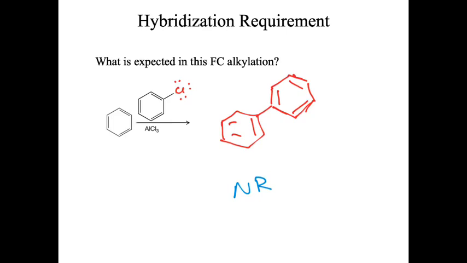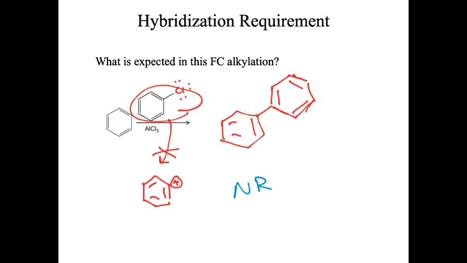You can't stabilize the carbocation. Remember back when we talked about SN1 and SN2 in Unit 1 of first semester? This structure can't form the carbocation. That doesn't happen. So there is a hybridization effect when we're looking at our Friedel-Crafts alkylations.